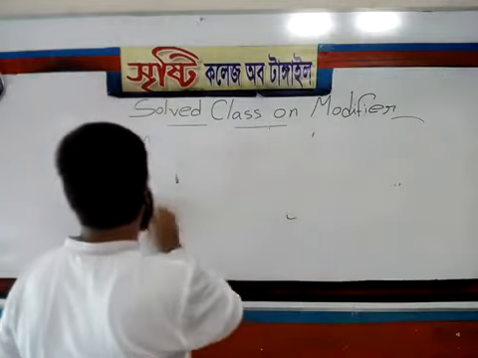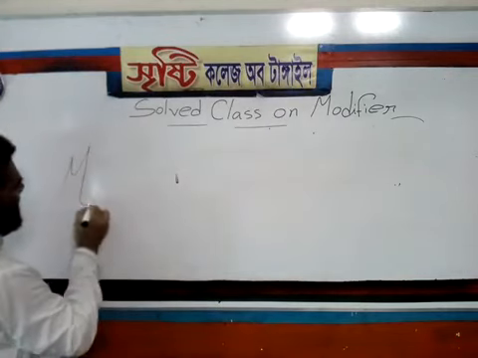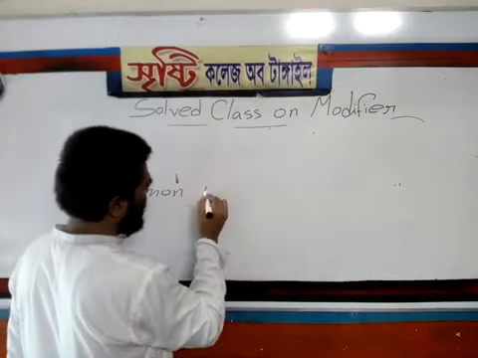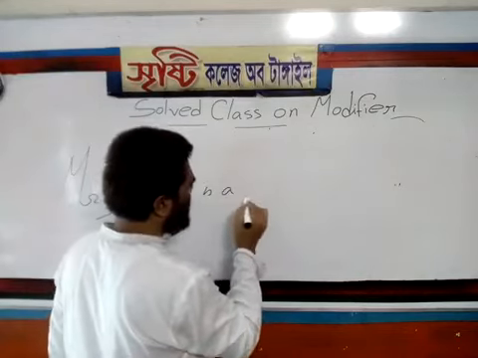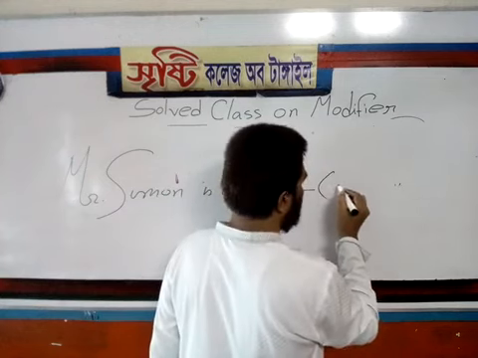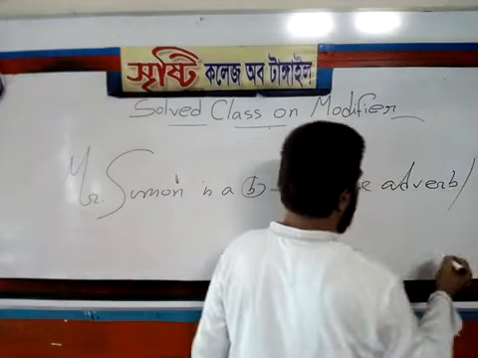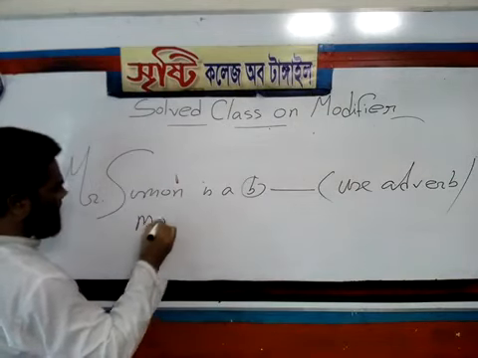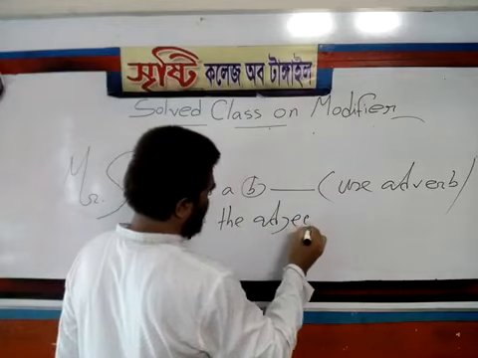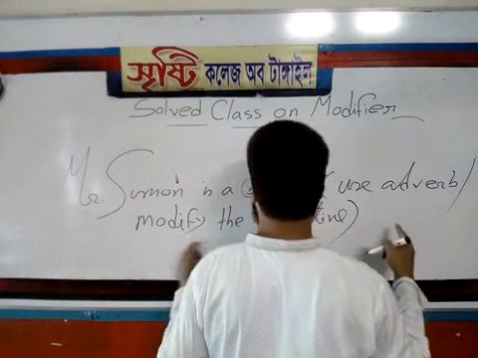Another example. Mr. Sumon is a dash good farmer. Use adverb or modify the adjective.